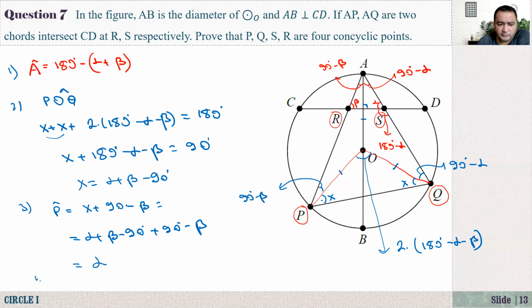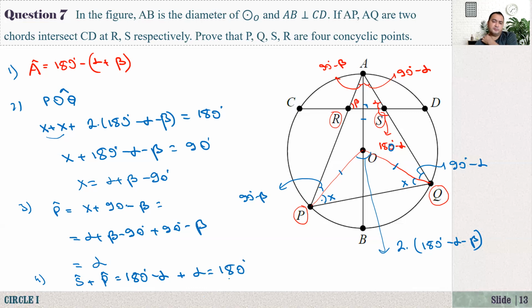So now, angle S plus angle P. Angle S is 180 degrees minus alpha. This one is 180 degrees minus alpha plus angle P. What is angle P? It is alpha. So that's equal to 180 degrees.